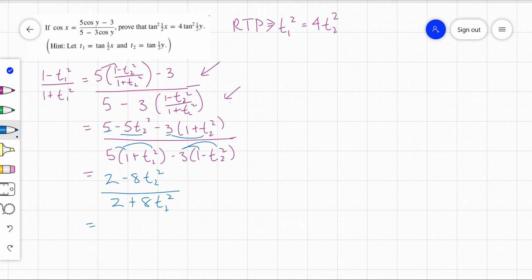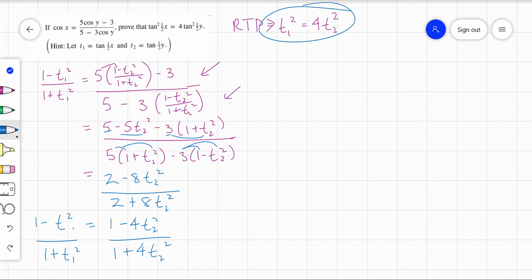Alright, if I divide everything by 2, I get that. So we are given this, and so far we could just look at that and by observation you can tell that t1 squared has to equal 4t2 squared, which is what we're required to prove. So we could get away with just saying by observation.